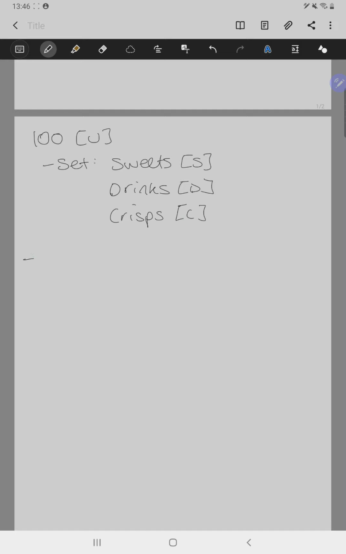So the information that they give us, they tell us 6 bought all 3, 41 bought sweets, 14 bought crisps and a drink, 12 bought sweets and a drink.